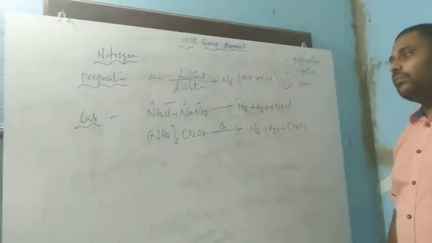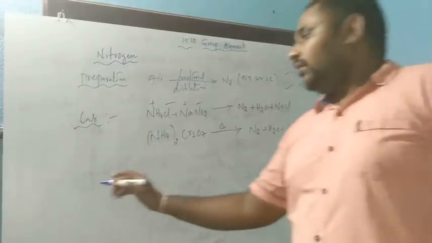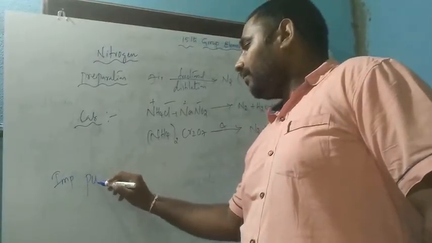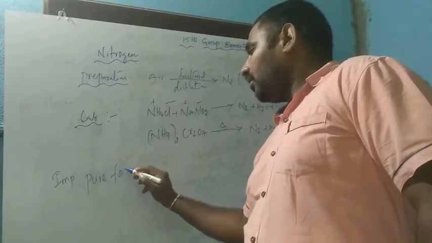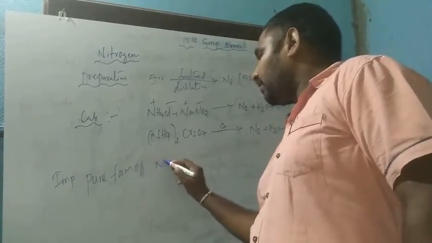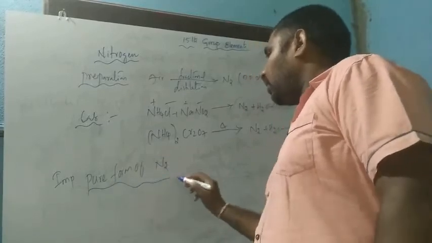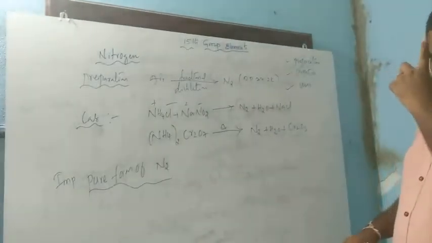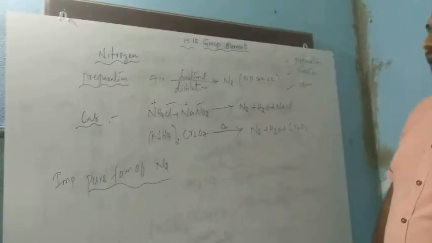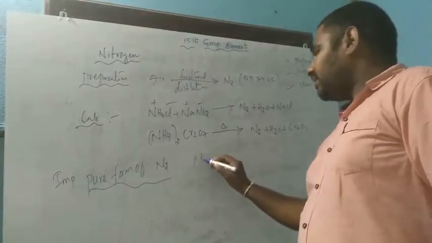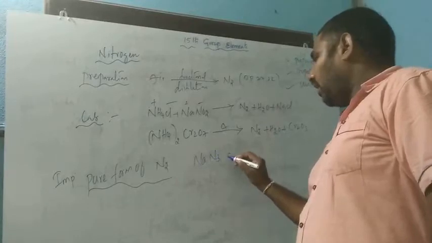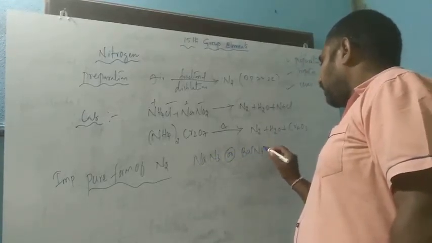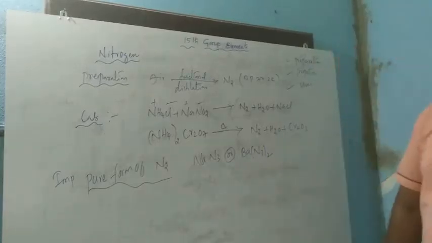And one more important thing here: how can we get the pure form of N2? Generally, pure N2 we get from sodium azide or barium azide.